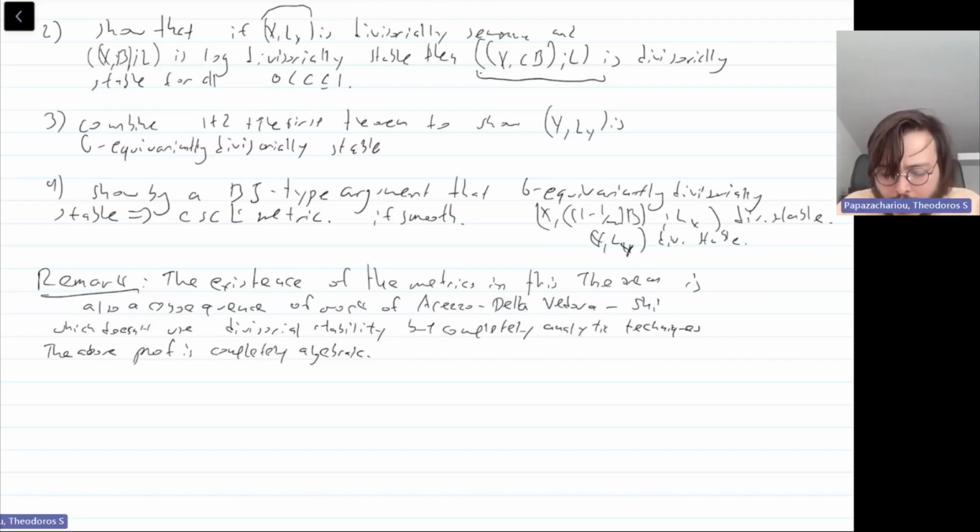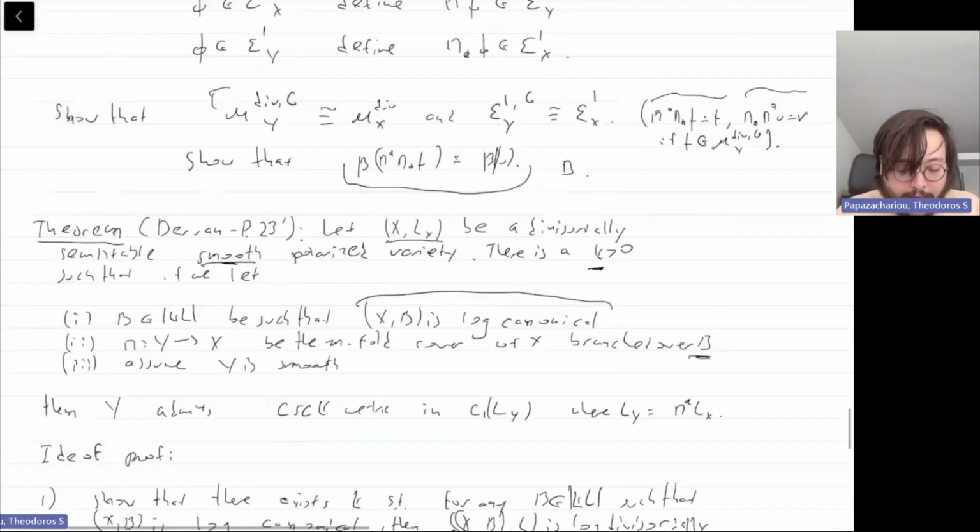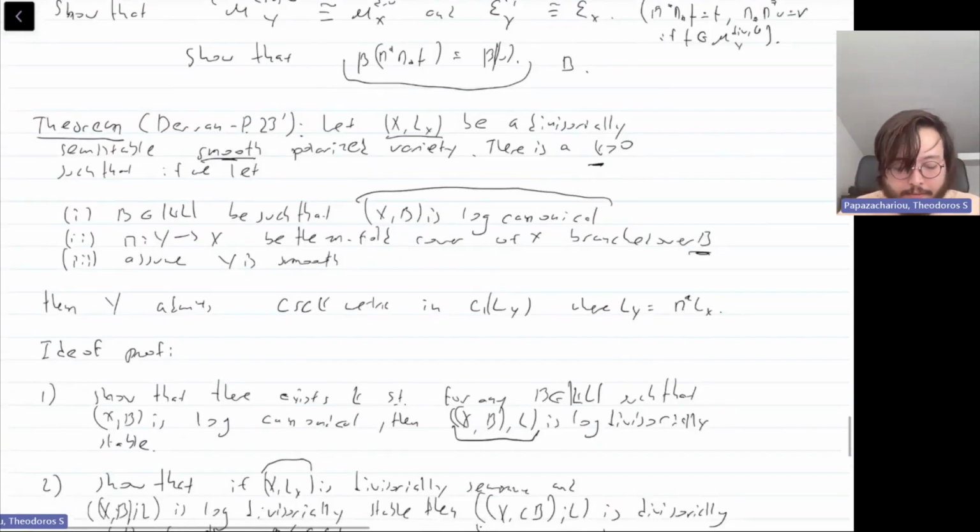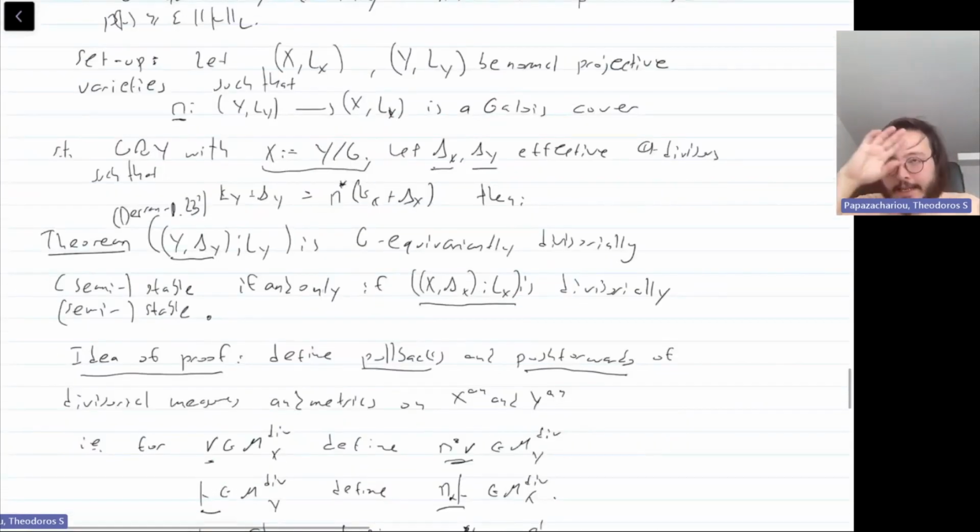So a couple of remarks here. The first one being that, at least for the first theorem, for this theorem here, if you were trying to prove this result just by using test configurations and the definition of K-stability, I really, really doubt that you could achieve much, because it would be very, very hard to compare the Futaki invariants of the test configurations. At least you may be able to prove one direction, but you definitely shouldn't be able to prove both directions.